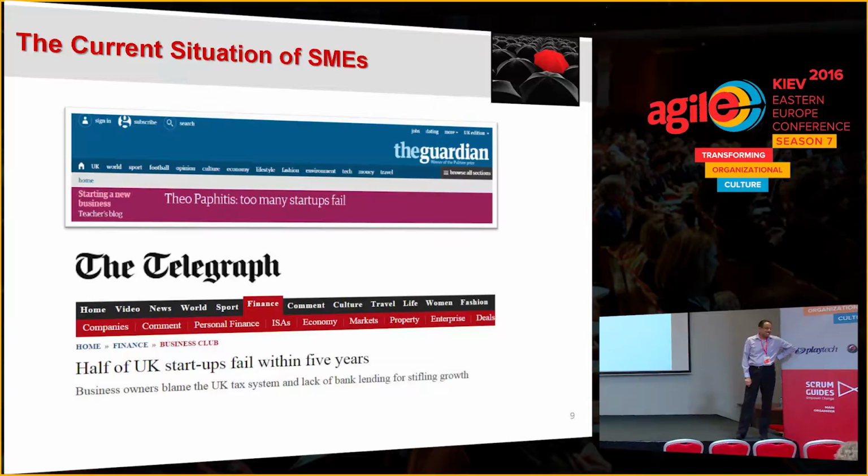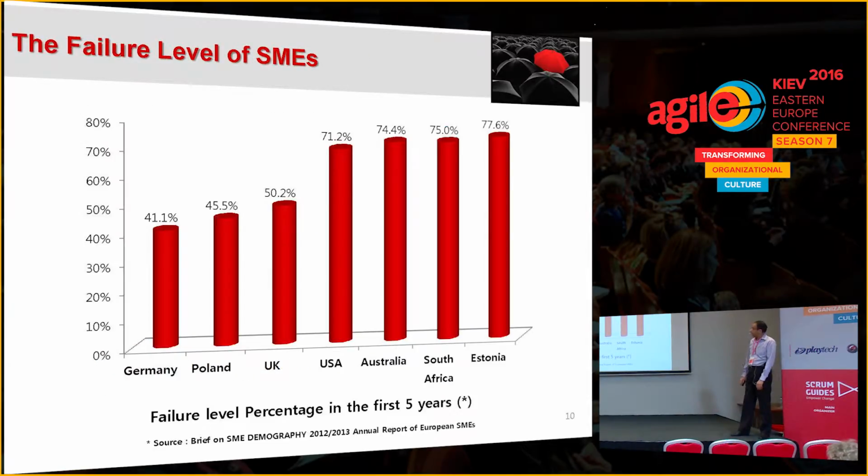No, it's not that big. Yeah, it's around 50. In the UK, half of the SMEs fail within 5 years. So they start today, and after 5 years, they disappear from the market. Not just the UK, everywhere, to be honest.